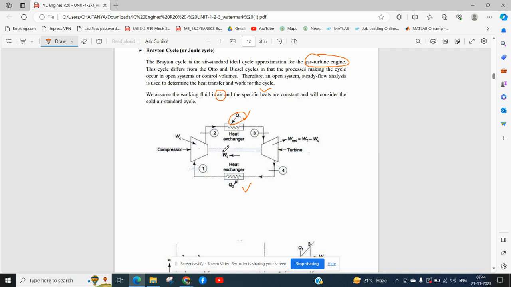Then from 4 to 1 there is heat rejection. According to thermodynamics there is a source and a sink, so you can see Q1 and Q2, the high temperature source and low temperature sink. Gas turbines are an important application of this cycle.